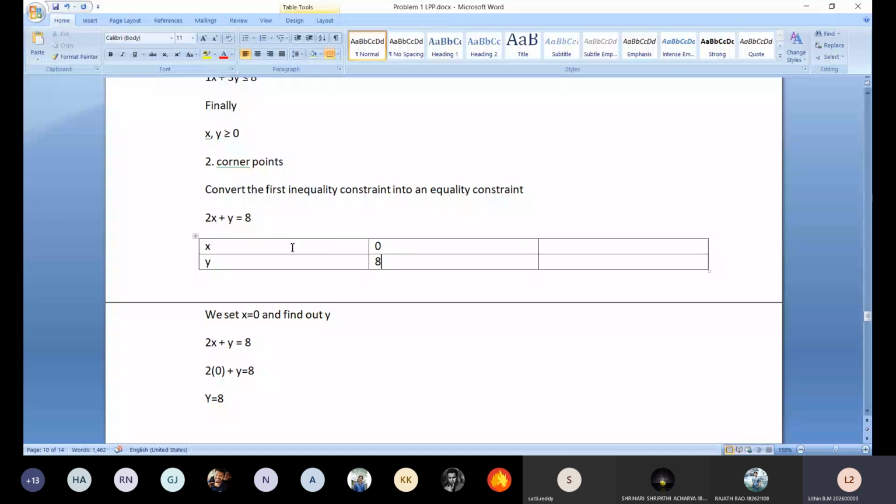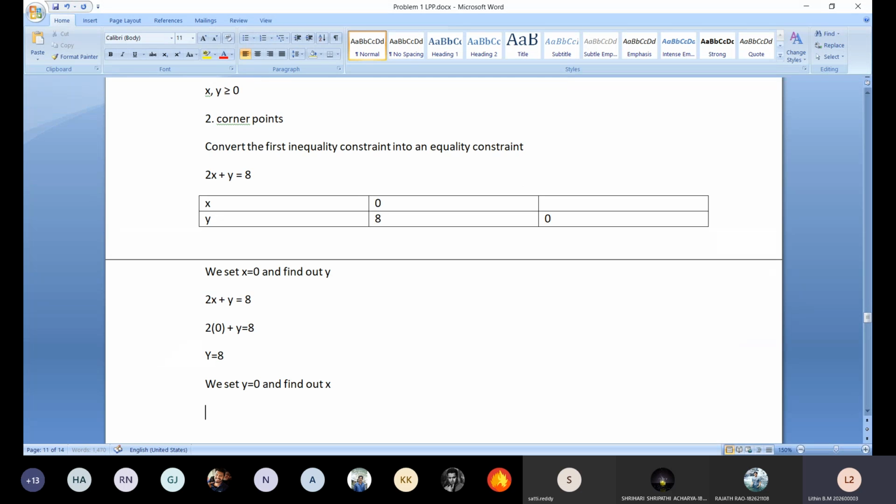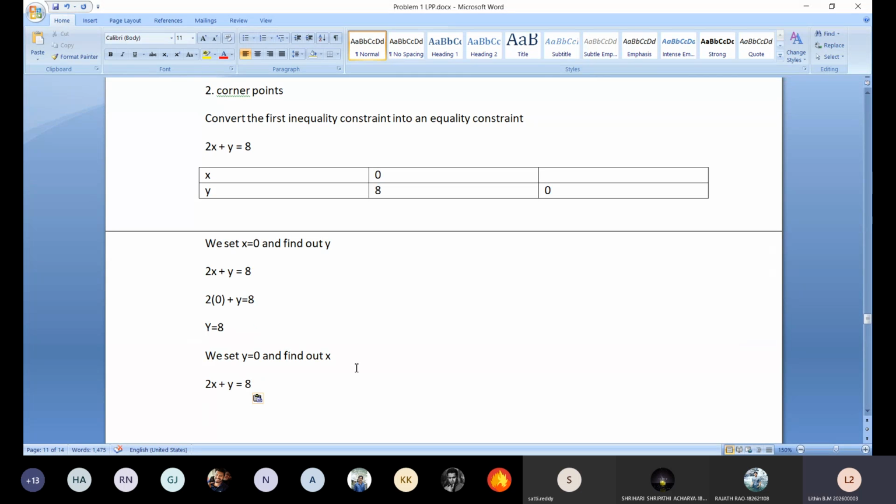Now, initially I had kept x as 0. Now I would keep y as 0. So we set y equals to 0 and find out x. With the same equality constraint, 2x plus, I'm setting y as 0, so in the place of y I write 0, equals to 8.